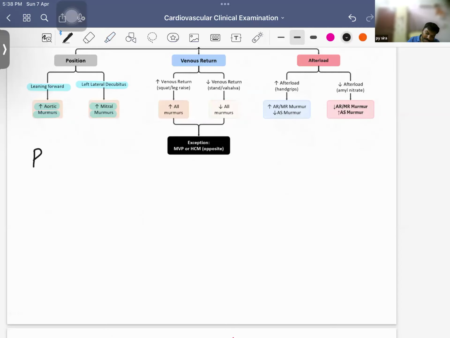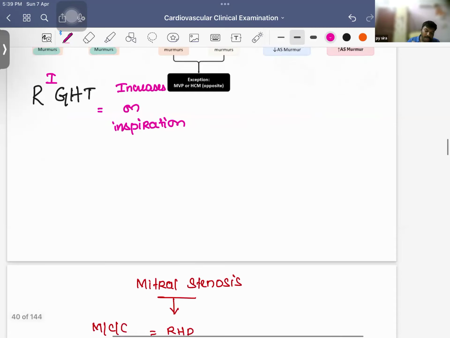Then, right-sided murmurs increase on inspiration, because during inspiration the venous return increases.